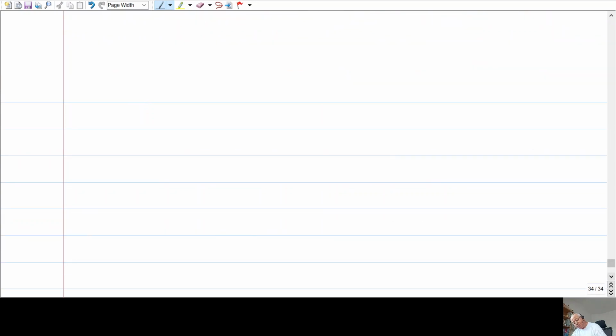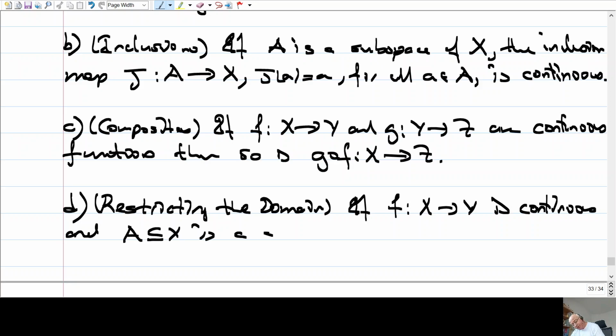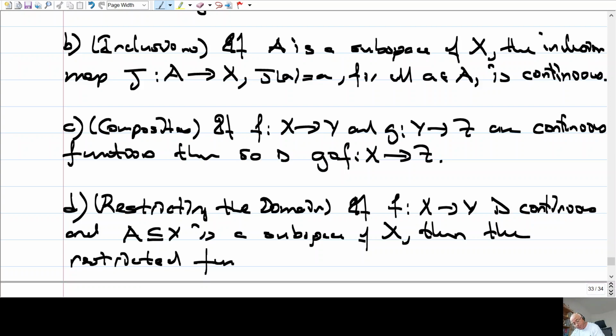So what is this? If f from X to Y is continuous and A is a subspace of X, then the restriction function, restricted function, what is this?